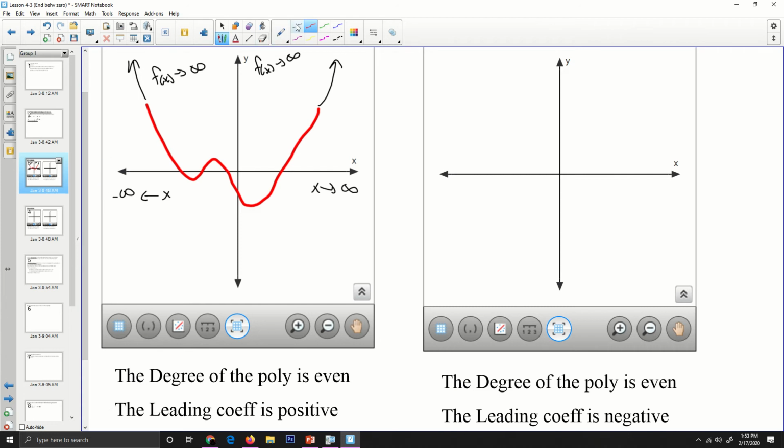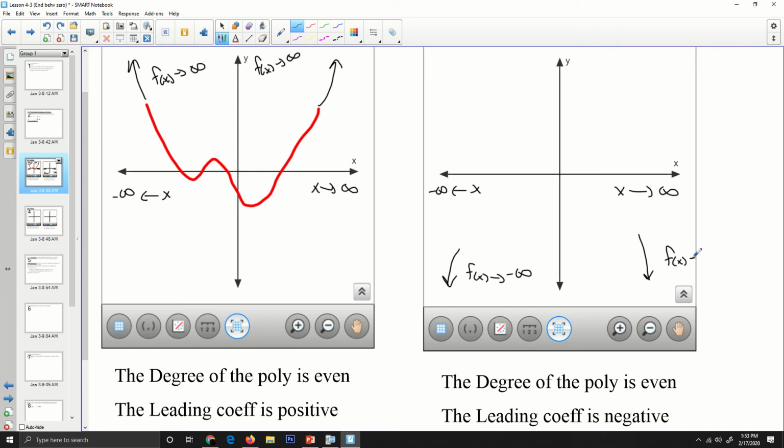All right. So if the degree of the polynomial is even and the leading coefficient is negative, what we can say is that as x goes to negative infinity, f of x goes to negative infinity. And as x goes to positive infinity, the function goes towards negative infinity again.